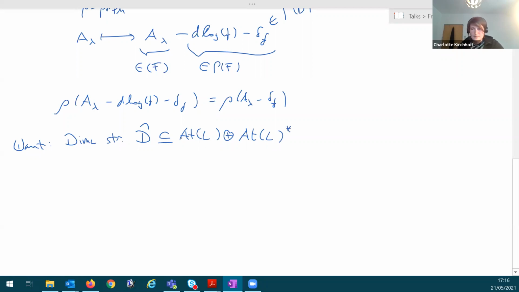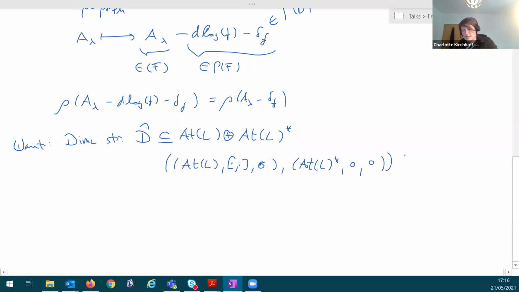This is naturally equipped with a structure of a Courant algebroid just by virtue of having the following Lie algebroid. So Atiyah algebroid of L, of course, comes with a Lie bracket and an anchor, which is the projection to the symbol. And we equip the dual with the 0 Lie algebroid structure, and then this is a Lie algebroid, which gives you a Courant algebroid.